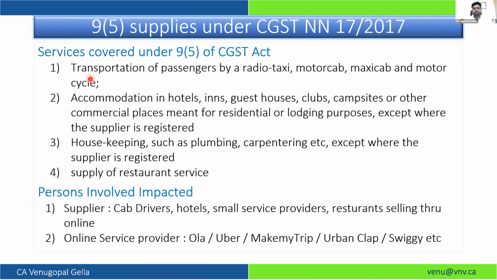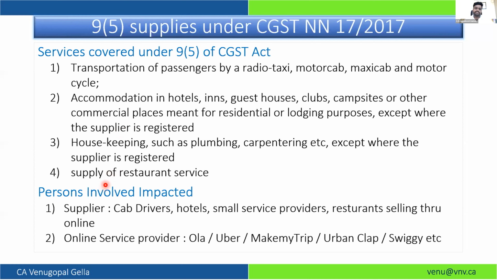First one is transportation of passengers by radio taxi, motor cab, maxi cab, and motorcycle, and accommodation in hotels, inns, guest houses, clubs, campsites, except where the supplier is registered. The same case with housekeeping also, except where the supplier is registered. Otherwise, the e-commerce operator is required to pay the tax.